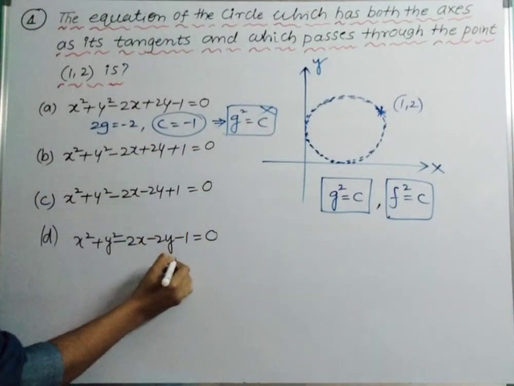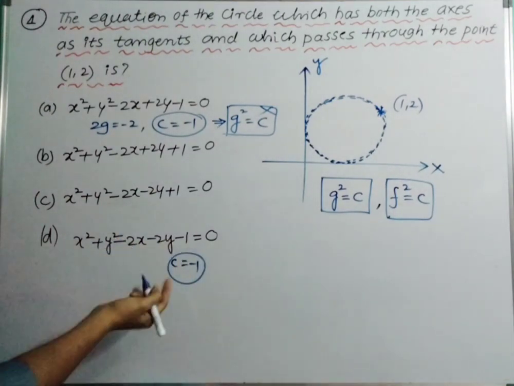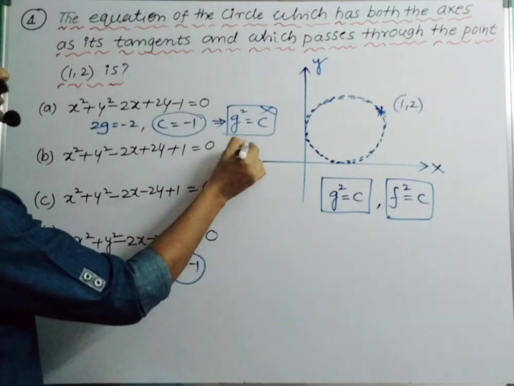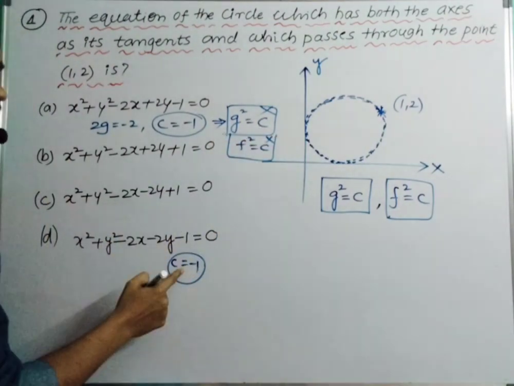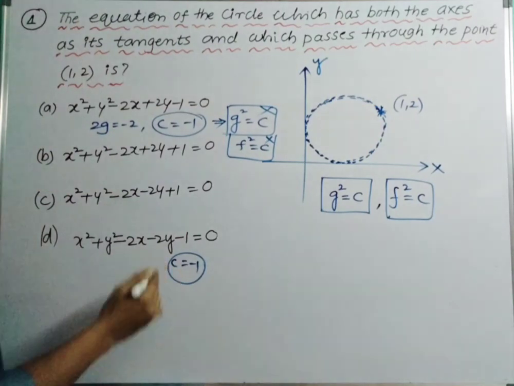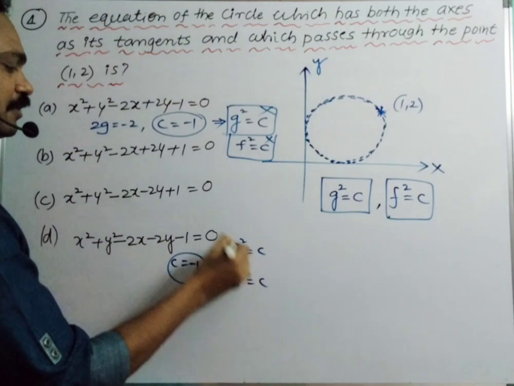Here also c equals minus 1, so g square equals c and f square equals c are not possible.